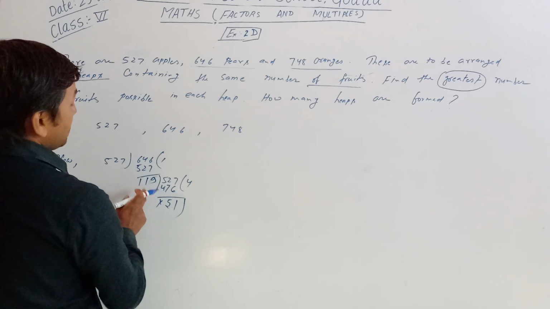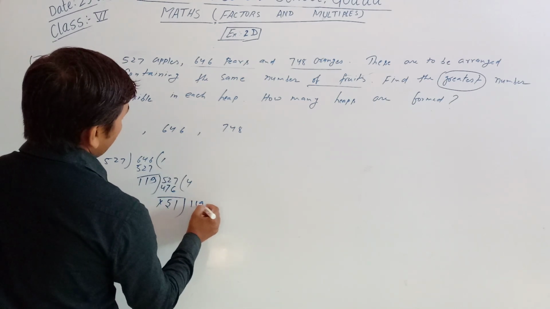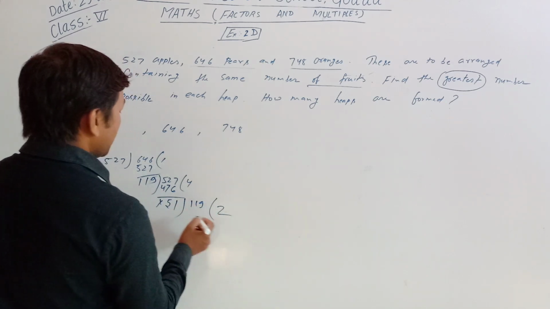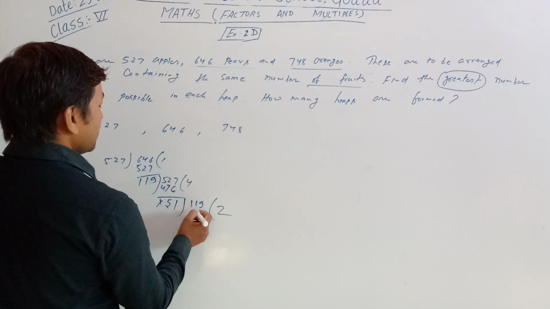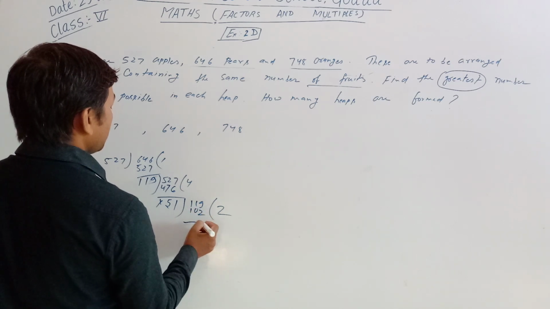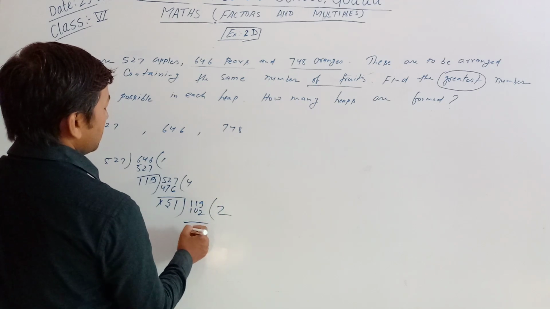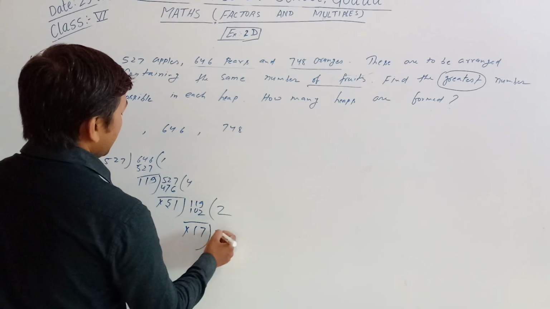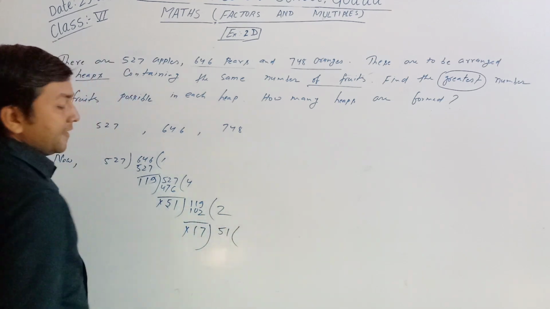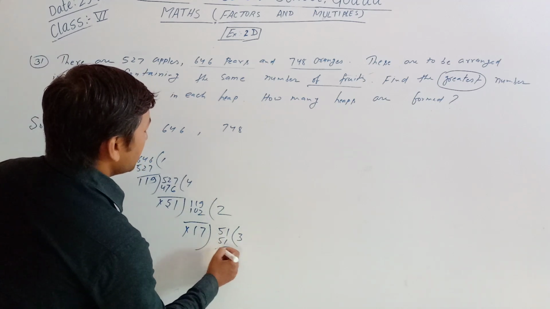Now with this 51 we will divide this 190. Also we have 2 times, this is 102, and the remainder is 17, and with this 17 we have to divide 51. 3 times we can get 51.